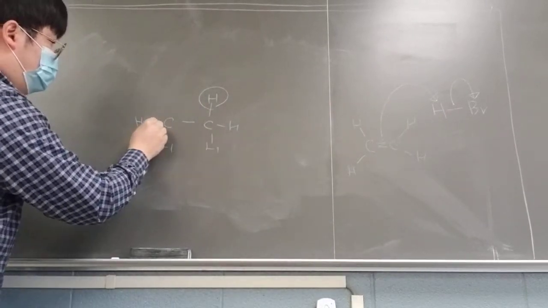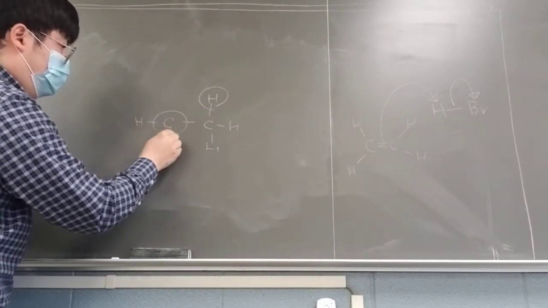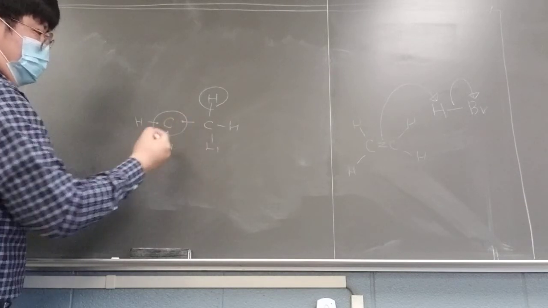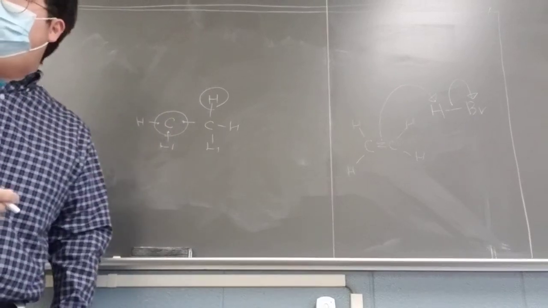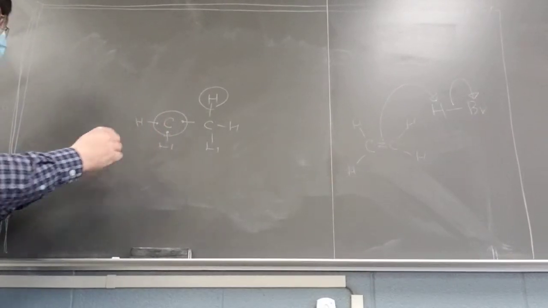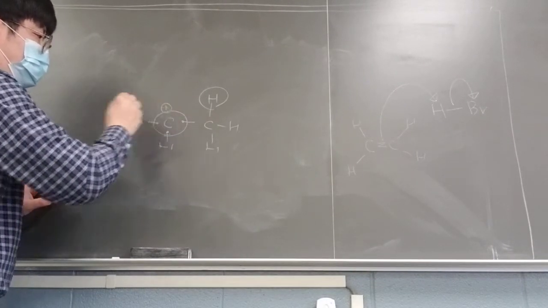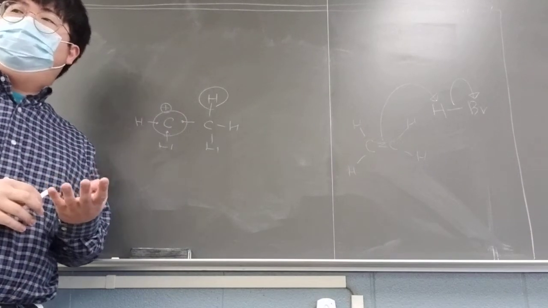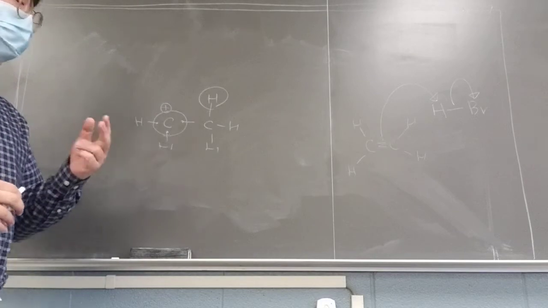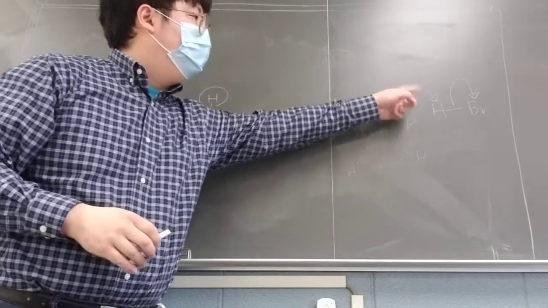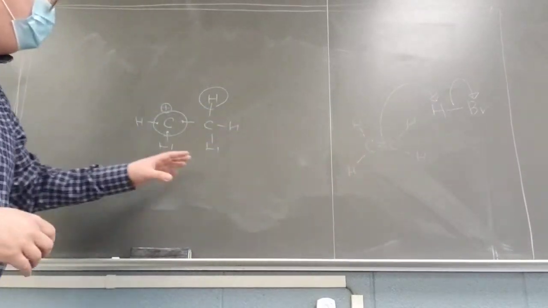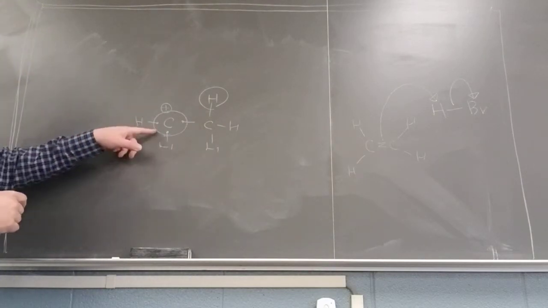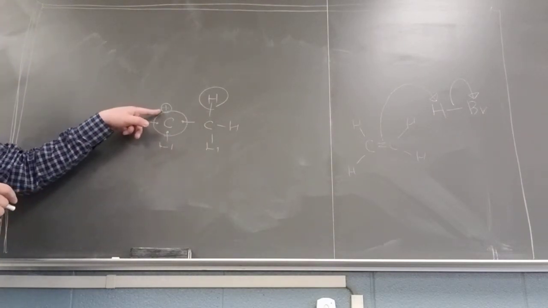And if you look at this carbon over here, it has 1, 2, 3 electrons. But as you know, carbon is group 4, so it should have 4 valence electrons around it, but it only has 3. So this carbon becomes positively charged.